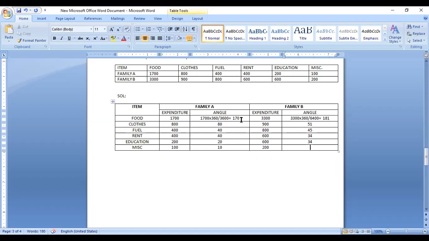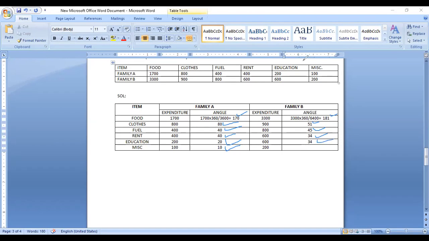So here you add, you can check: 170 plus 80, 250, plus 40, 290, plus 40, 330, plus 20, 350, plus 10, 360. So 181 plus 51, 232 it will be, 232 plus 45, 277, 277 plus 34, 311 will come, 311 plus 34, 345 will come.